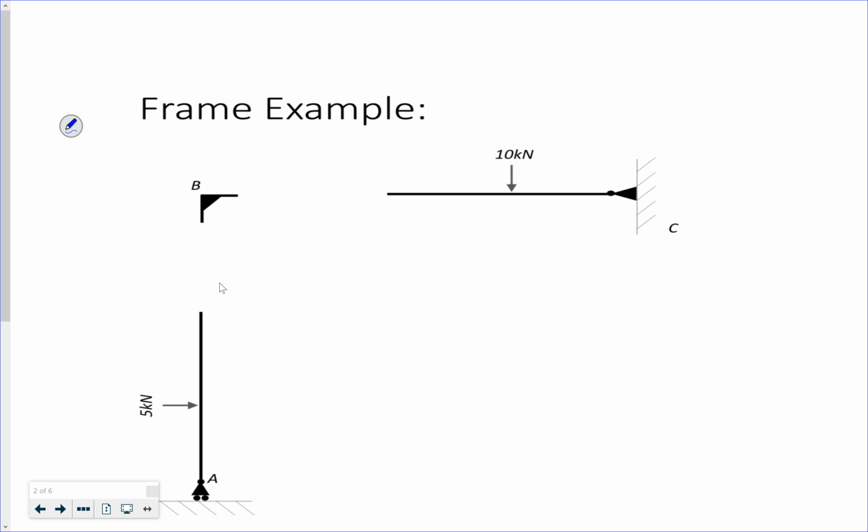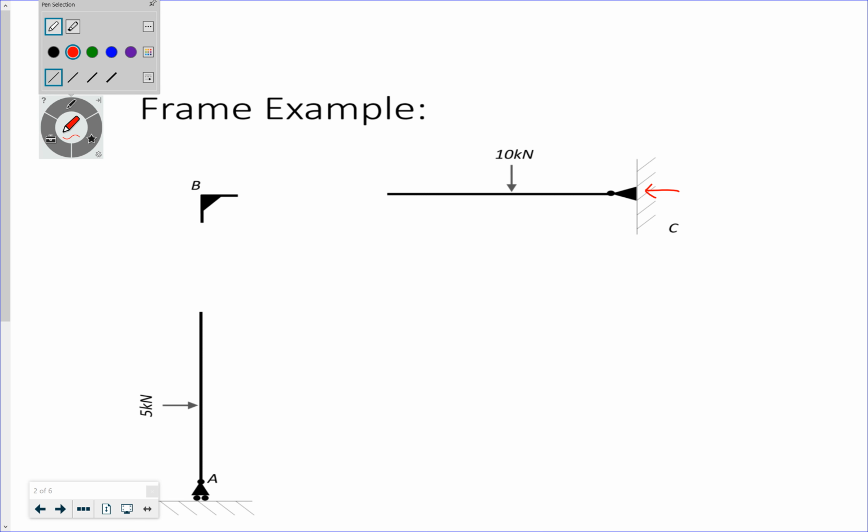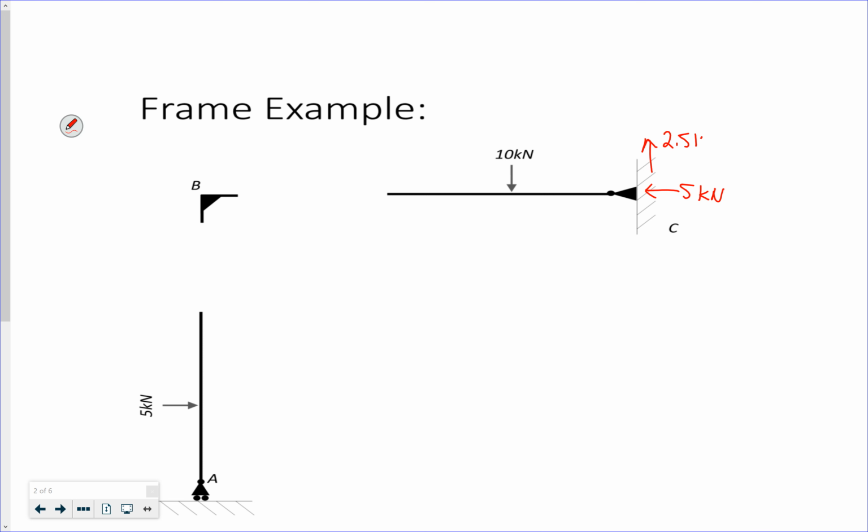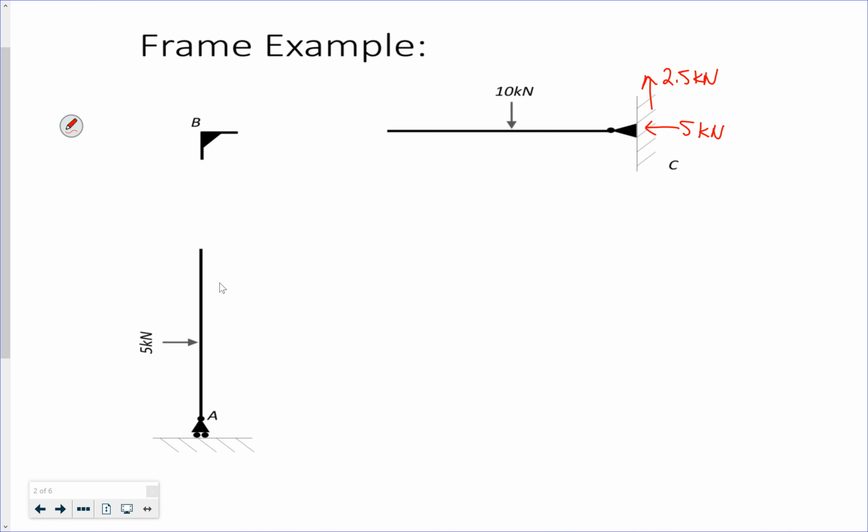So let's look at the individual members, right? I have my support reaction, 5 kilonewtons, and 2.5 kilonewtons there. And then I have 7.5 down here.